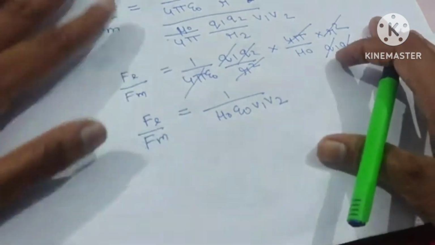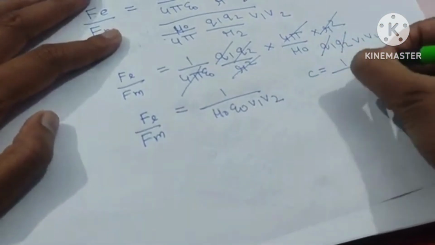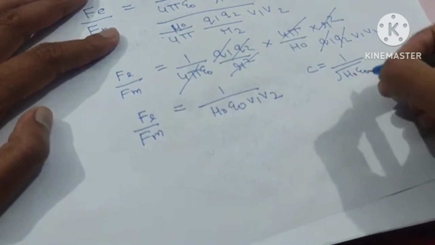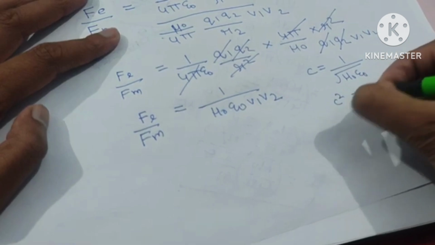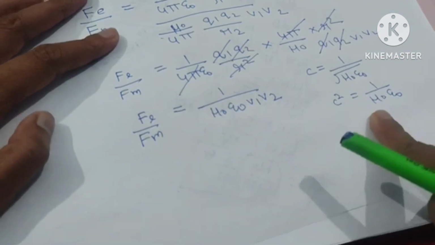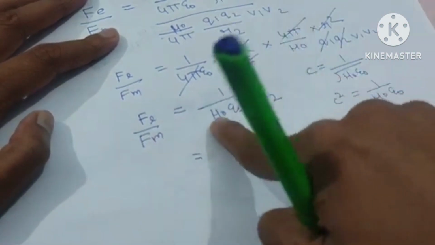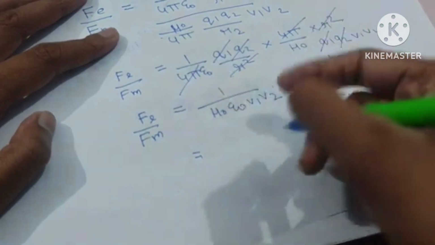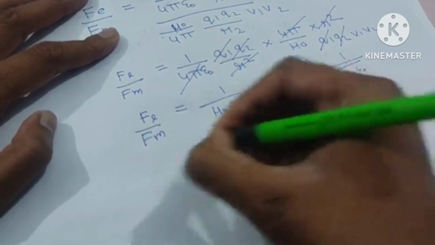Now we know the speed of light is equal to 1 by under root epsilon naught mu naught, and when we take it as a square, it will become this. So instead of mu naught and epsilon naught, we can write c square by v1 into v2.